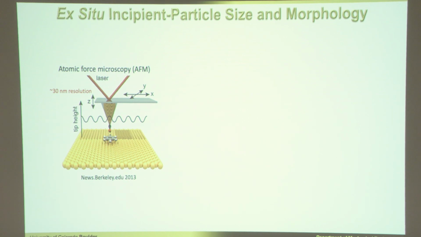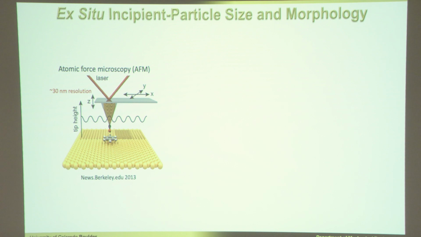So AFM helped us actually see that these incipient particles seem to be somewhat waxy, or liquid-like maybe, but probably not, but pretty viscous if they're liquid-like, so kind of waxy type particles. That was all done with this AFM machine.